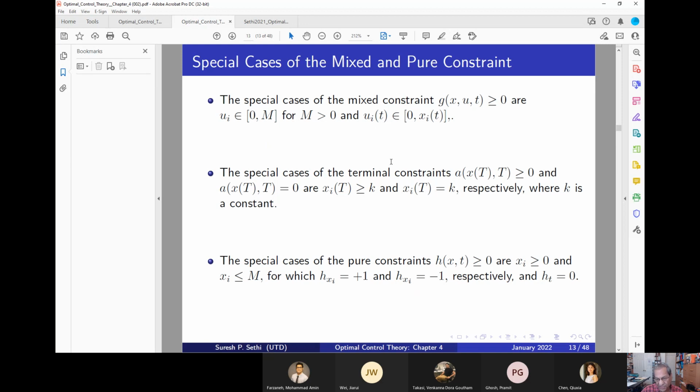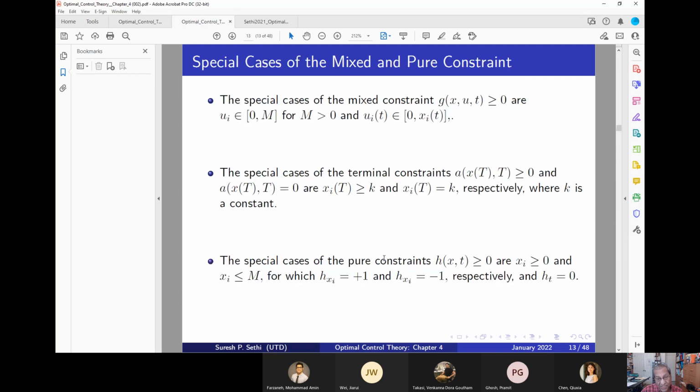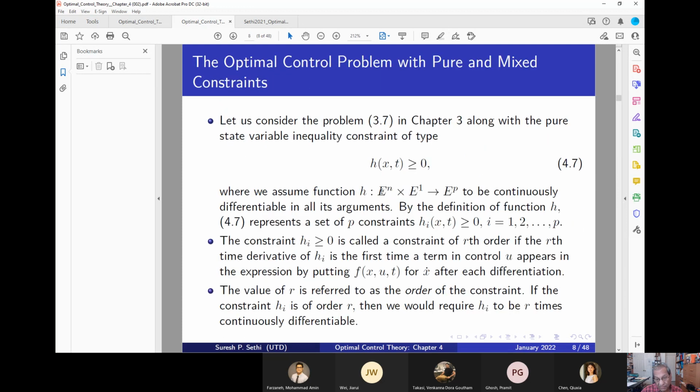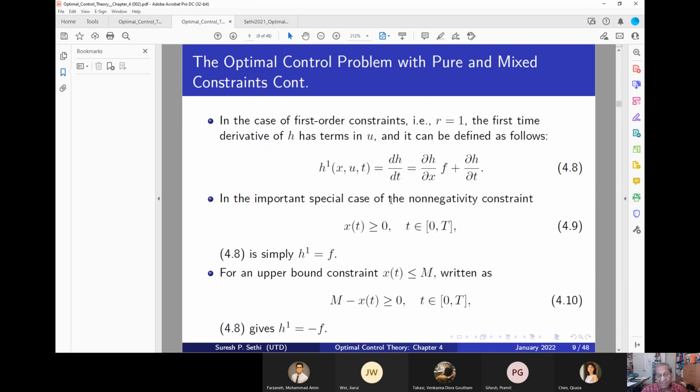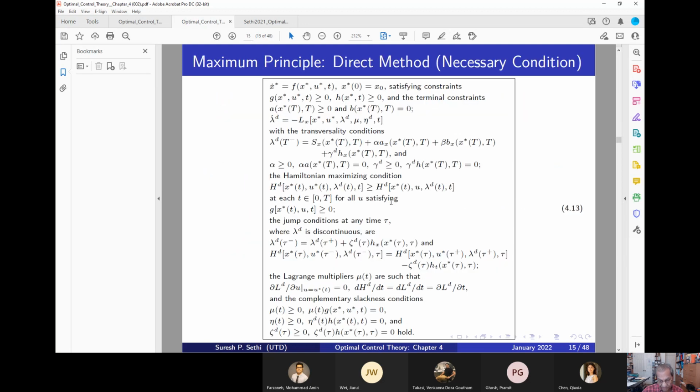In all of these cases, the Hamiltonian will be continuous at the jump point, because this will be 0. But if h sub t has a derivative with respect to time, then that derivative has to influence also the jump in the Hamiltonian.